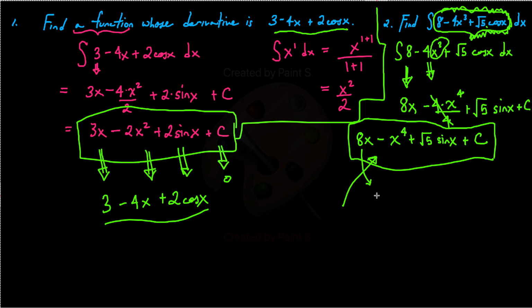The derivative of 8x is 8. The derivative of x to the fourth is 4x to the third. I keep the minus. The derivative of sine x is cosine x. The square root of 5 just comes out. And then the derivative of c is 0. And now I have back the inside. Again, I found an antiderivative for this whole thing here.